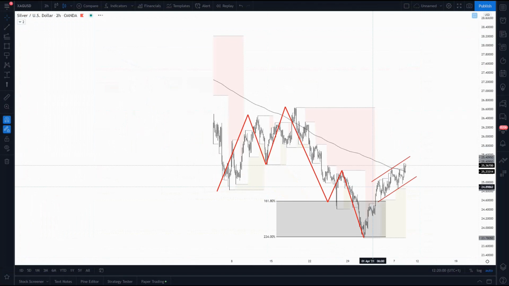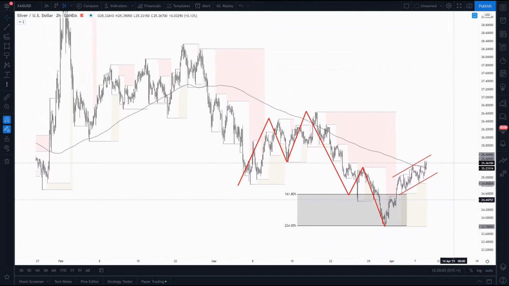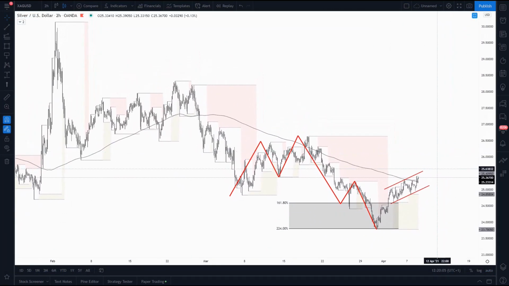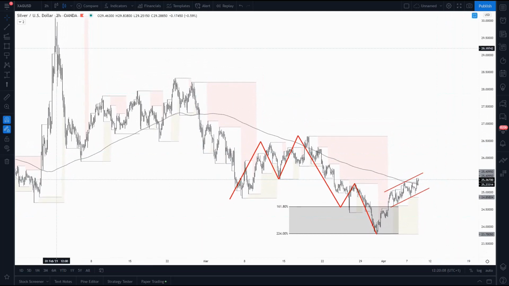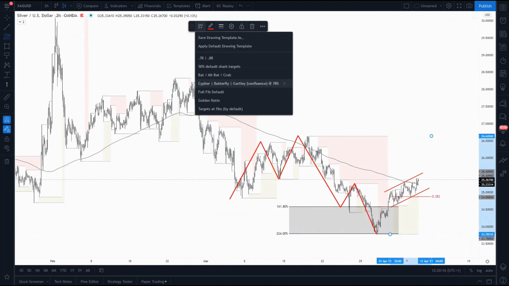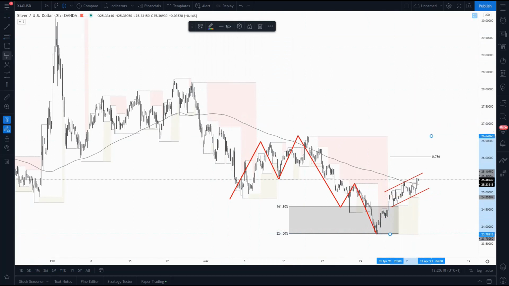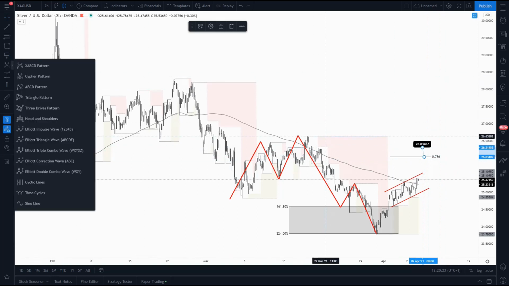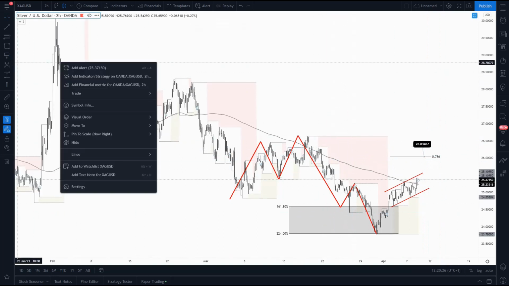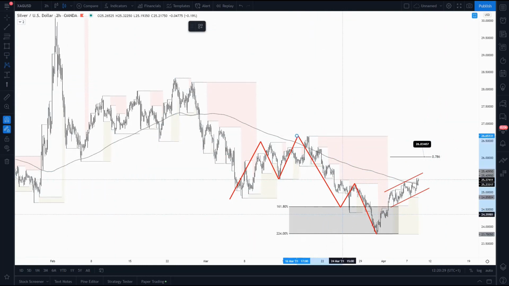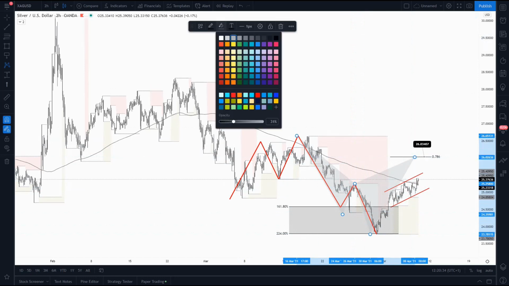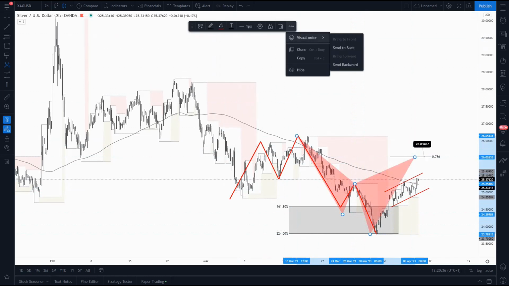I need to draw it again, but I was trying to search for that chart with all those levels already. 78.6%, 26.03, the 26.03 bearish cipher pattern on hold.